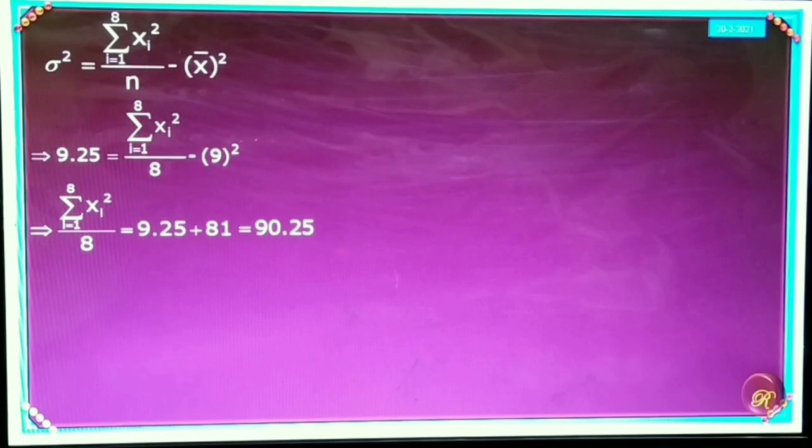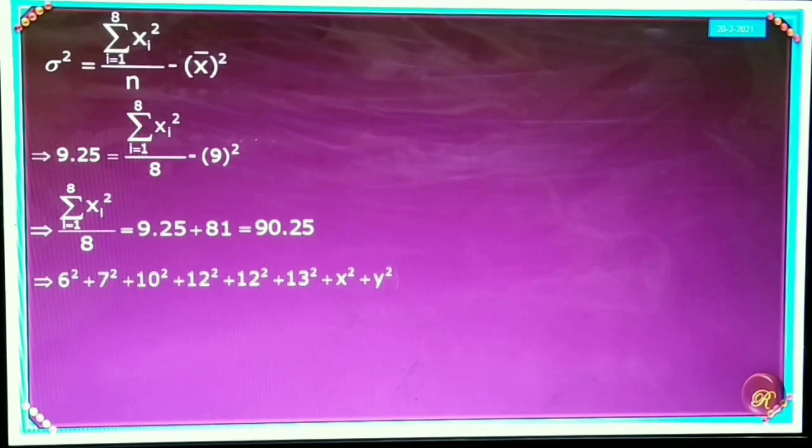But simultaneously we can write summation of xi square, that is, the sum of squares of observations: 6 square plus 7 square plus 10 square plus 12 square plus 12 square plus 13 square plus x square plus y square is equal to 722.